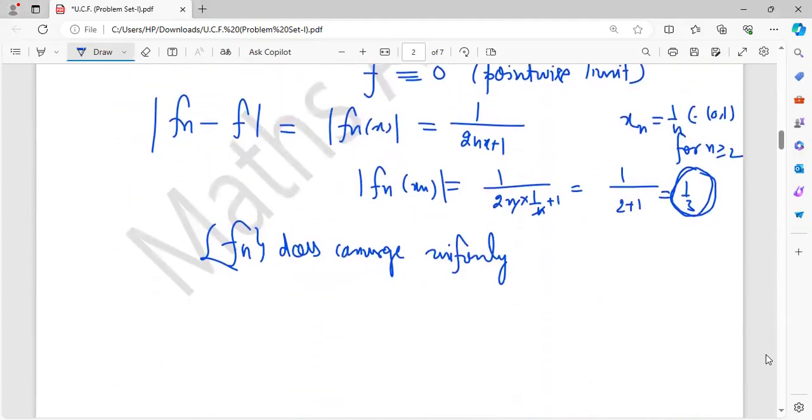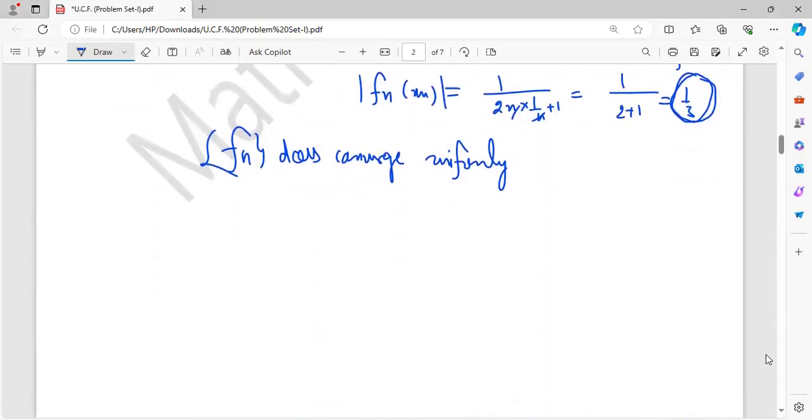You see that g_n(x) is x upon 2nx plus 1. Here x is positive, and the denominator is also positive.